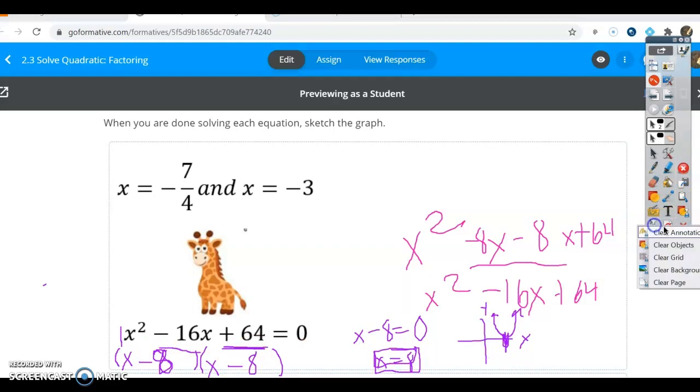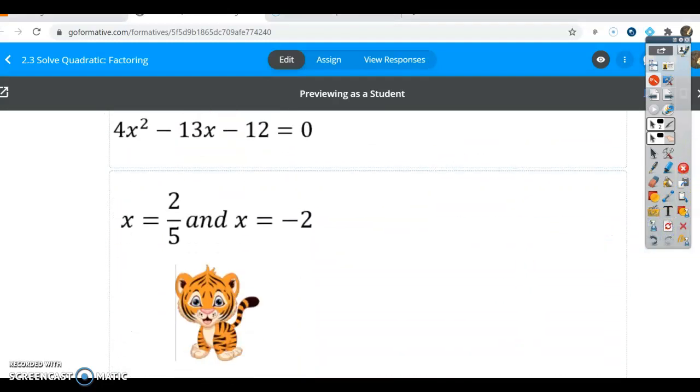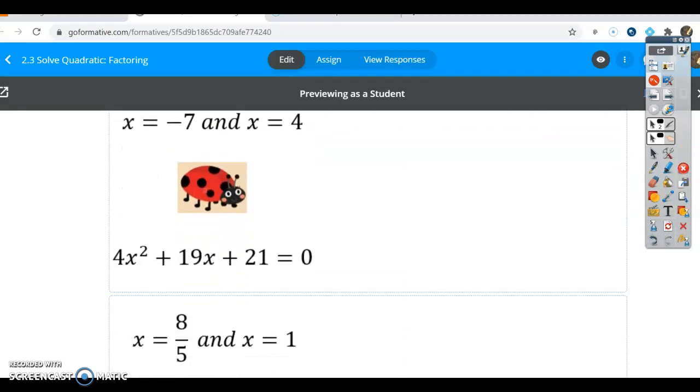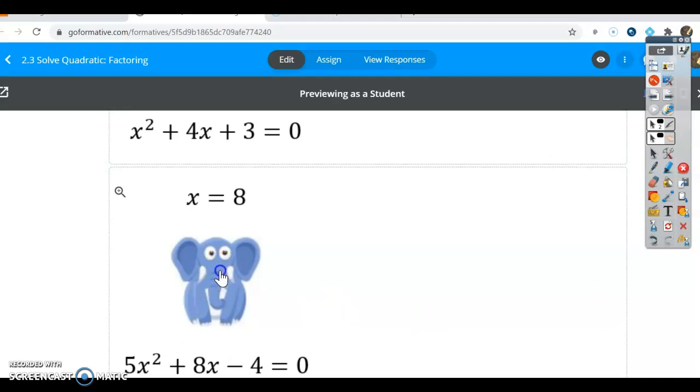So I'm going to delete the work, and that work should be in your notebook. And then I'm going to scroll down till I find x equals 8. It's right here with the elephant. So I'm just going to bring this puzzle piece all the way to the top, if I can figure out how to move it.